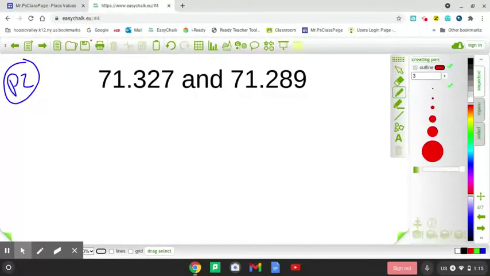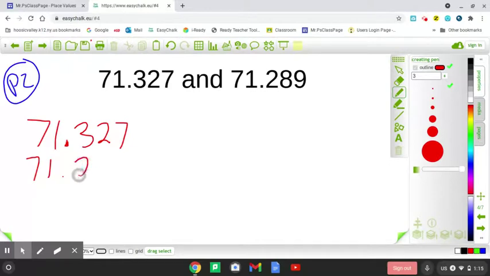All right, let's see how you did. Stack to compare and investigate our numbers. I can see both of these are the same size parts. They both end in the thousandths. Both have 71 wholes. So we're just going to be comparing our two decimals. 327 thousandths compared to 289 thousandths.